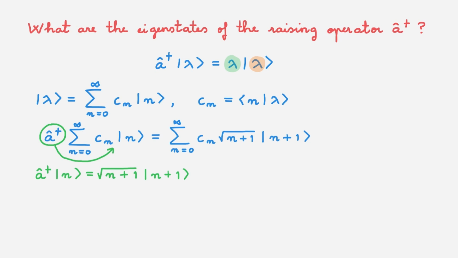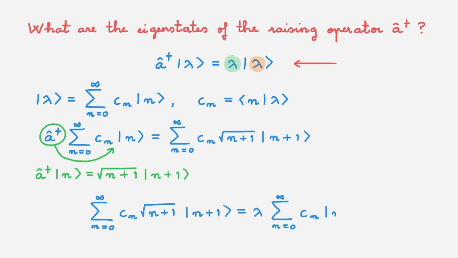Going to the full eigenvalue equation up here, we can now write it in the energy basis as this left-hand side we just derived equal to the eigenvalue times the energy expansion of the eigenstate.